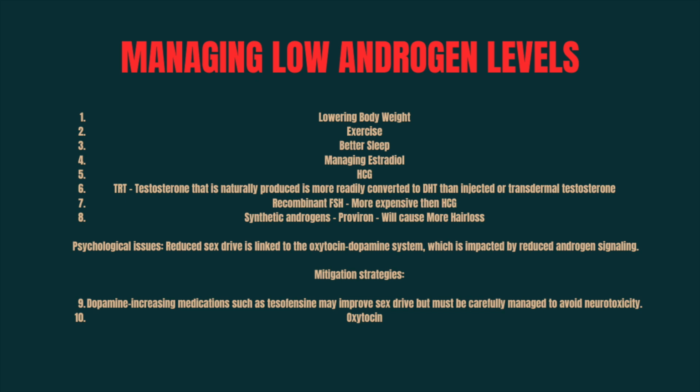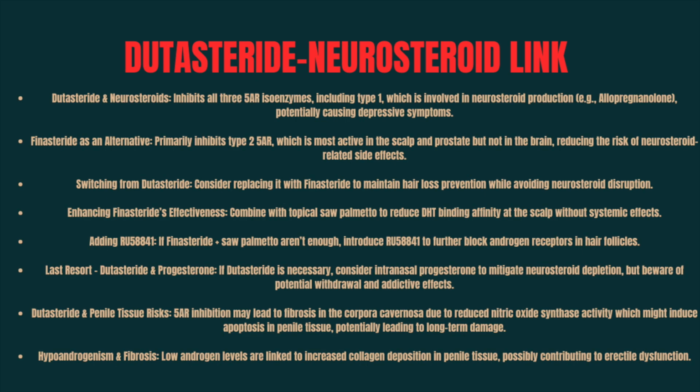The last thing I want to talk about is the neurosteroid link. This is related to dutasteride because dutasteride is an inhibitor of all three isoenzymes of 5-alpha reductase, whereas finasteride is almost selective for the type 2, and the type 1 is involved in the production of neurosteroids such as allopregnanolone, which, as I mentioned earlier, is involved in mood regulation and stress response because it's known to bind to the GABA receptors in your brain.